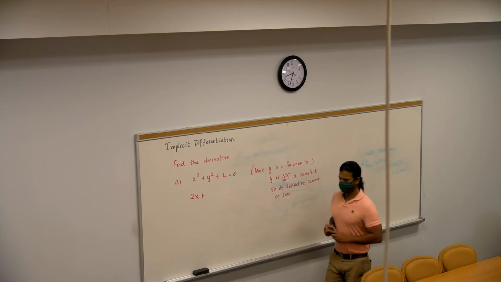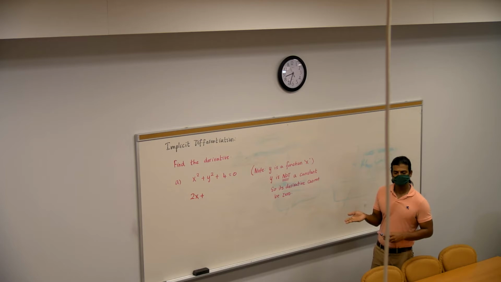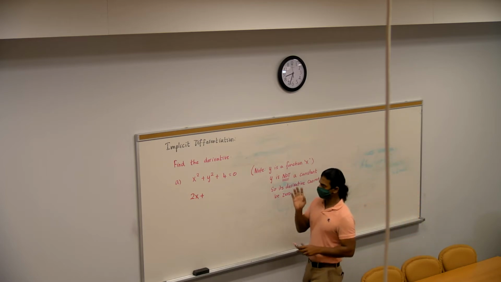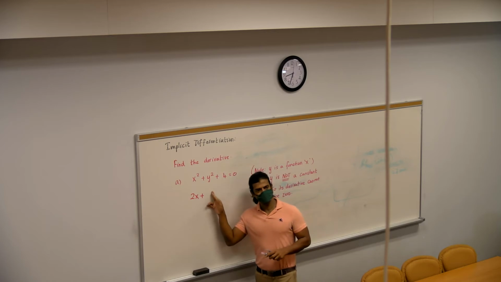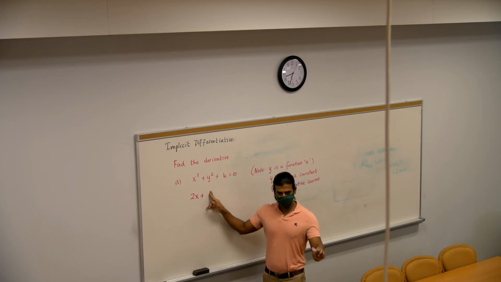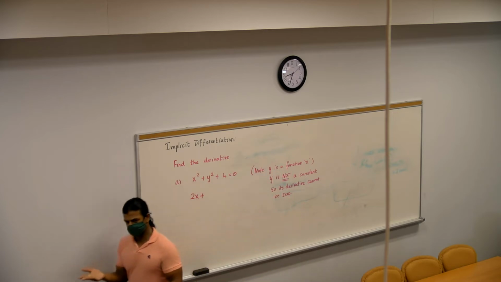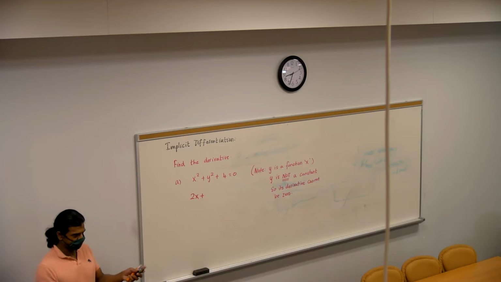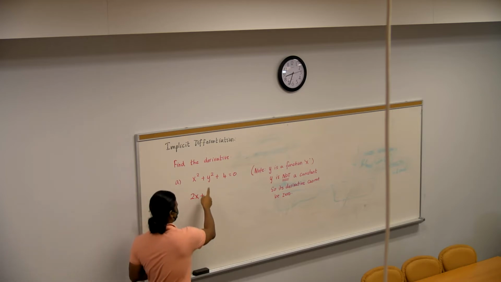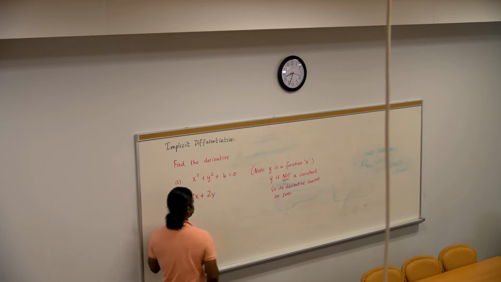But we know what the derivative of y with respect to x is. It is simply dy over dx. So what we should do in a case like this is to treat y squared as x squared. In that case, what is the derivative of x squared? Still 2x. Since we have y squared, we are going to write it as 2y.